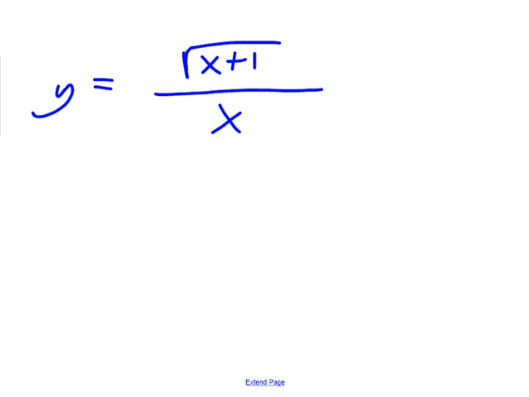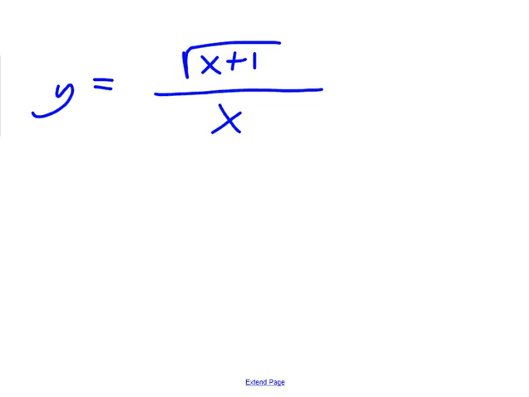All right, so here is a typical question that is a high-level one. What's the domain? You got two issues. Number one, you can't be 0. Why can't x be 0? Which part does it hurt, the top or the bottom? It hurts the bottom of the function.